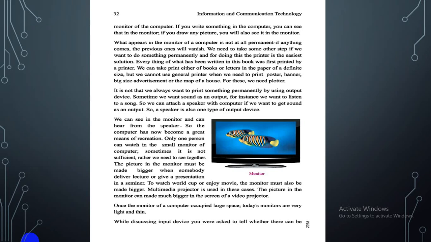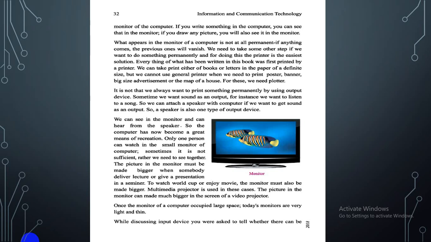If you draw any picture, you will also see it in the monitor. All these things have been done by the input device, so we got so much information by the input device, and the monitor shows it. So that's why the monitor is the output device.